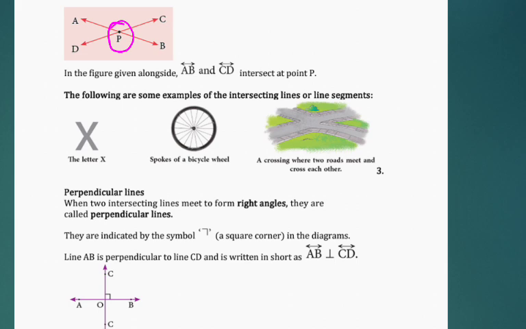So AB and DC are intersecting lines. Here are some examples. The letter X, it intersects at the middle point. And the spokes of a bicycle wheel, see here, there are so many lines intersecting at the midpoint. So they are intersecting lines.